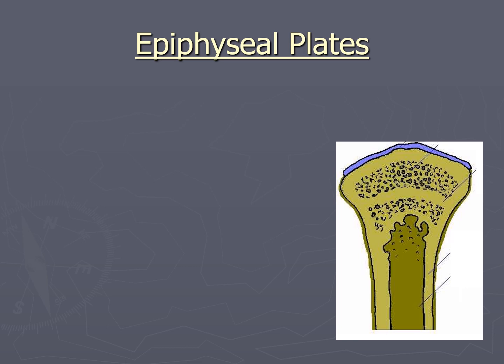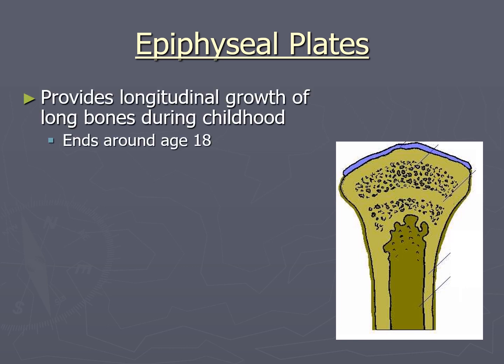Okay, so here are our epiphyseal plates. They provide for longitudinal growth of long bones throughout childhood. So here is where we're going to see the bones continue to add length. This is going to end around age 18.